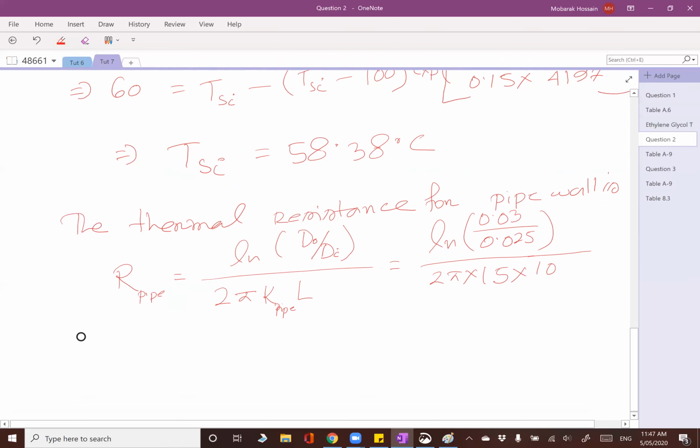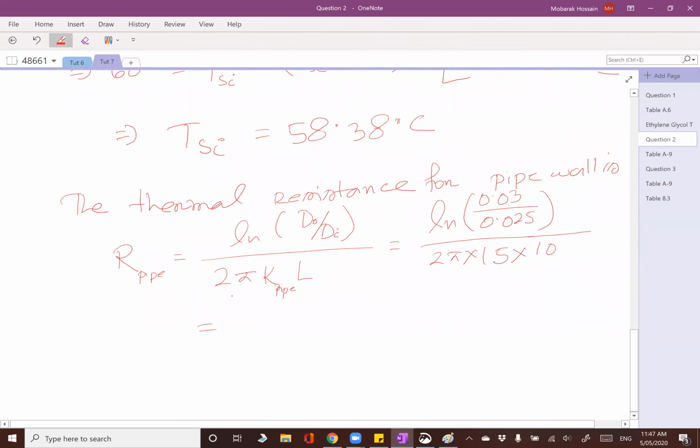So the thermal resistance of this pipe will be 0.0001934 Kelvin per watt.